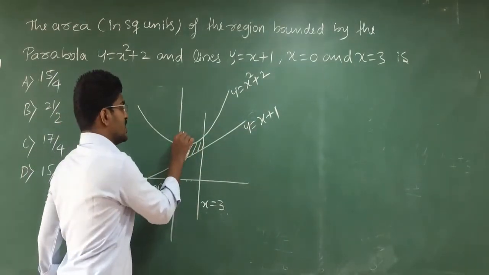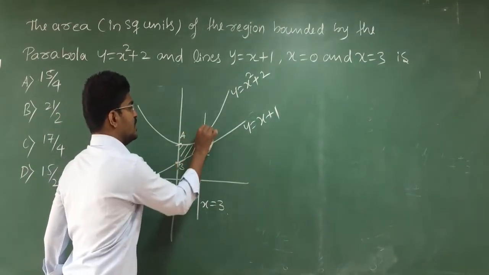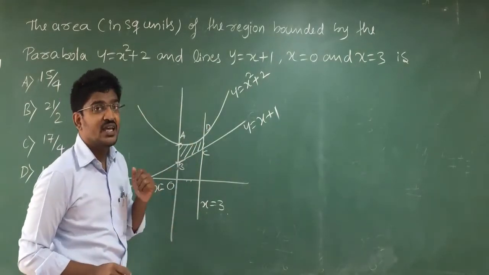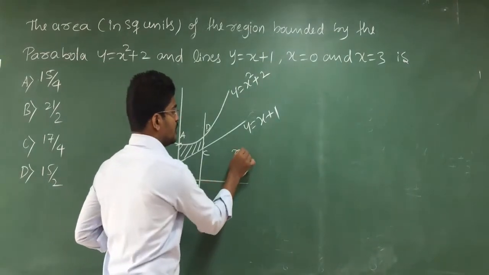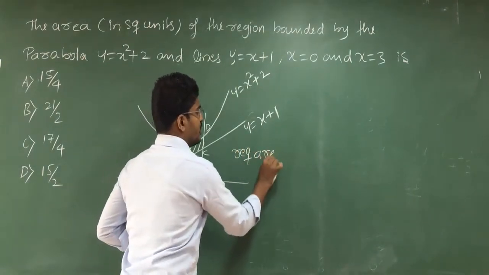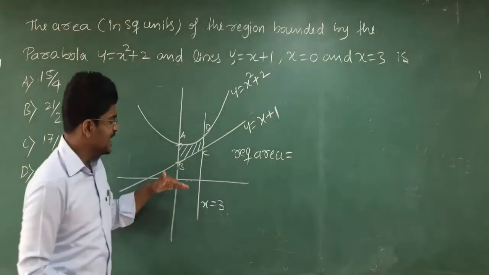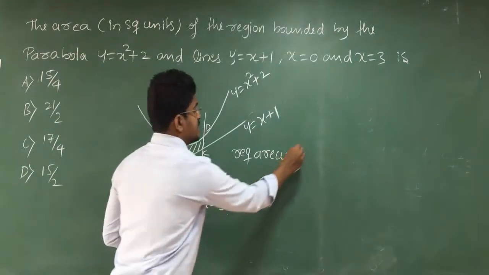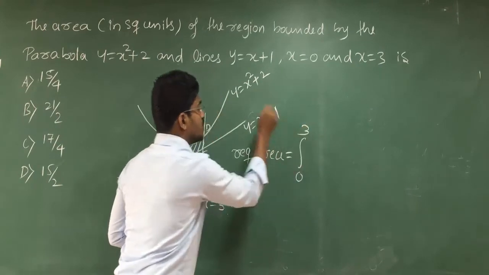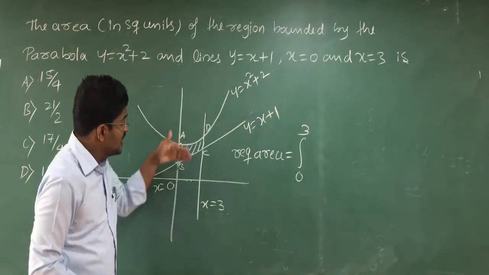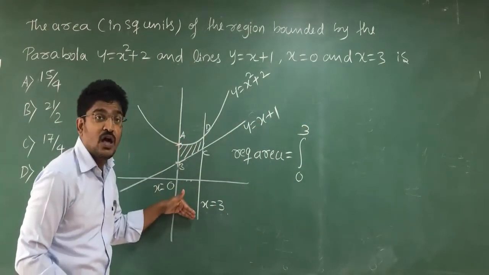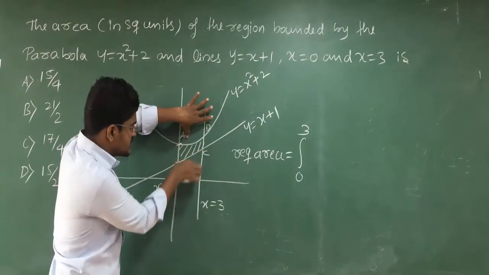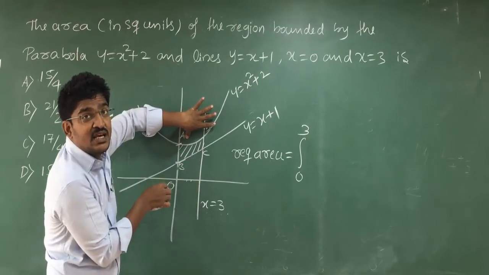If I take this as A, B, C, D, how to calculate required area here? Required area is equal to, I am calculating bounded with x-axis. So I have to take the limits on x-axis, that is from 0 to 3, area under the parabola, that means this complete area you are going to calculate.